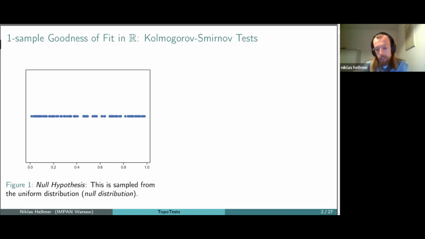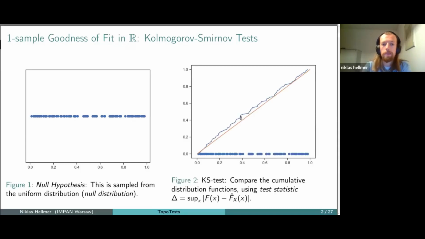There are classical ways to tackle this question. Perhaps the most prominent is the Kolmogorov-Smirnov test. It looks at what in probability theory is called the cumulative distribution function. For a sample, you swipe through it from left to right and count what amount of sample points are to the right, say, of 0.4.